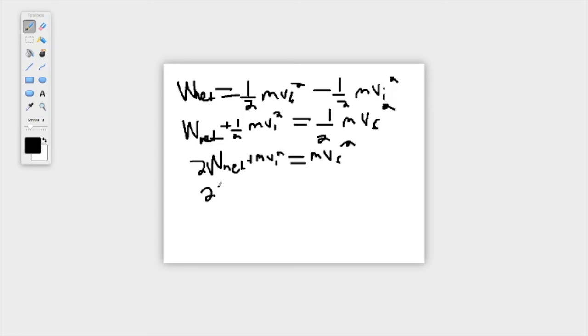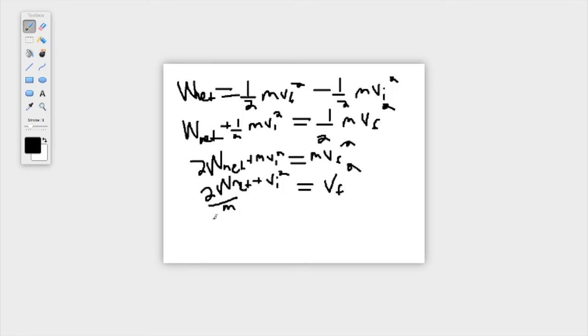So 2 W net over m plus vi squared equals vf squared. And then we square root both sides.